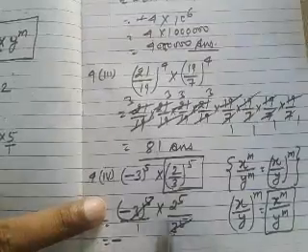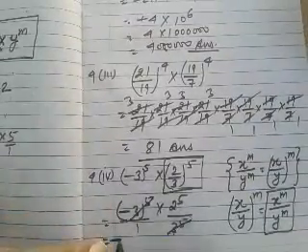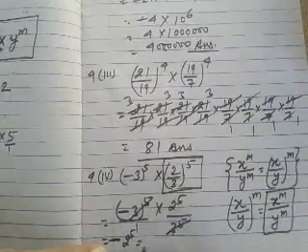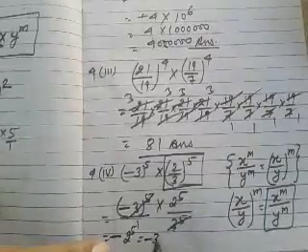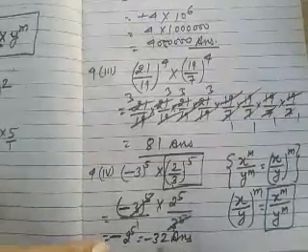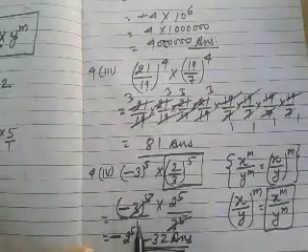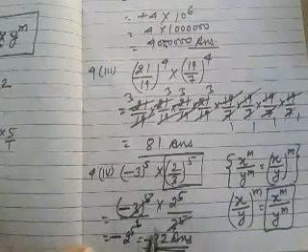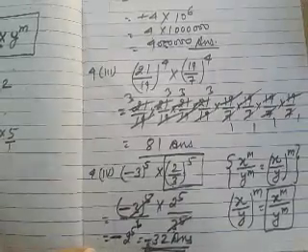So it is possible to cancel out, and we get the answer minus 2 raised to the power 5, and if we solve this number we will get minus 32 as the answer of this question. 2 raised to the power 5 means we will get 32, and the negative sign is put here.